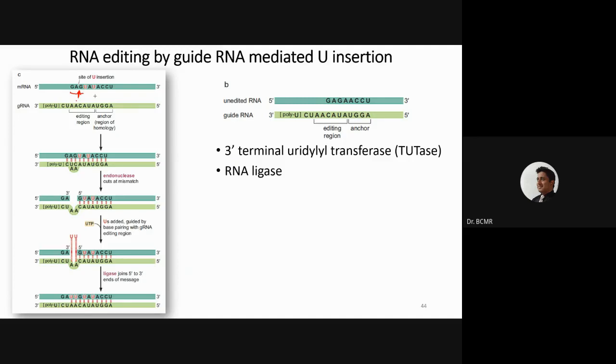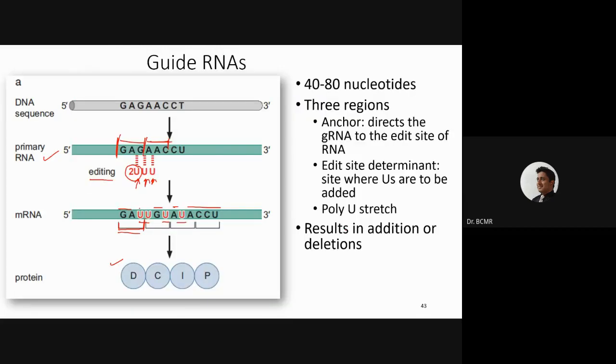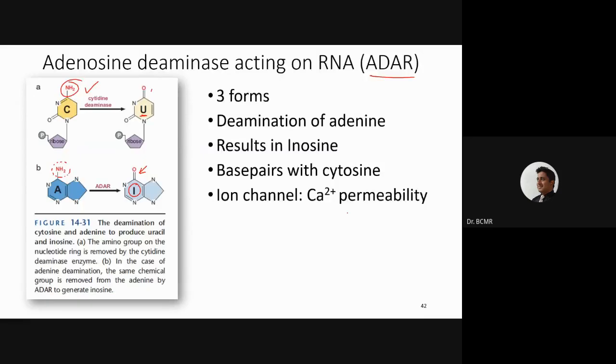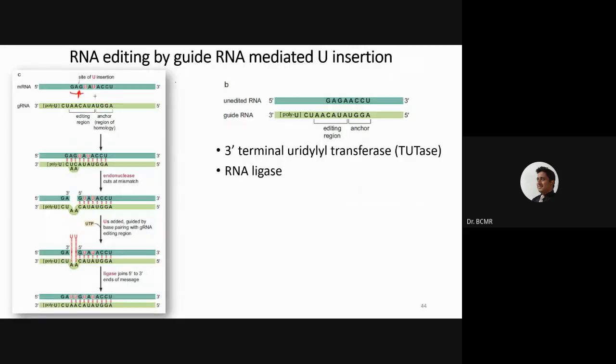To start with, we discussed that there are 3 different regions for the guide RNA. That is, it has an anchor region, an edit site determinant, and a poly U stretch. So here is the guide RNA. Guide RNA is providing a template, or deciding where this editing or insertion should happen.